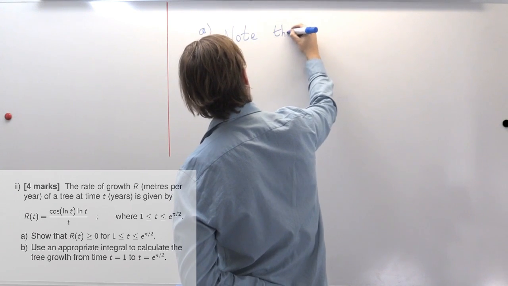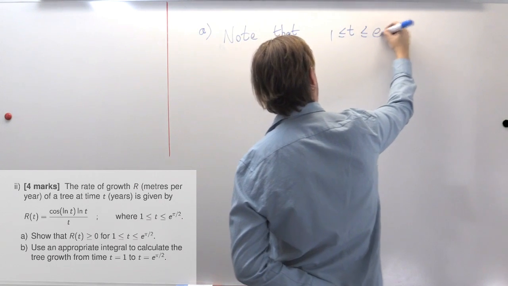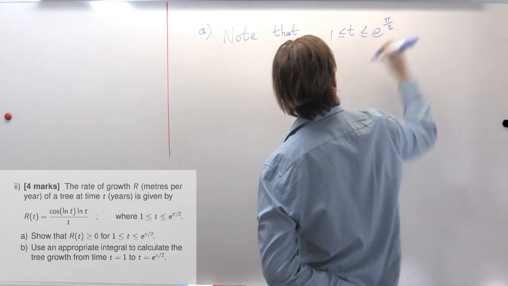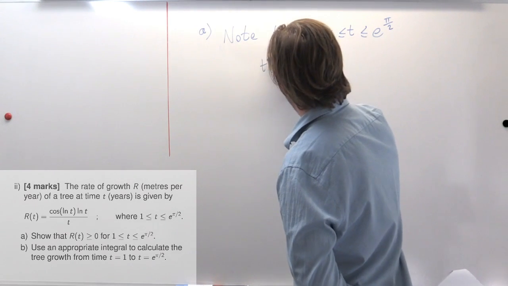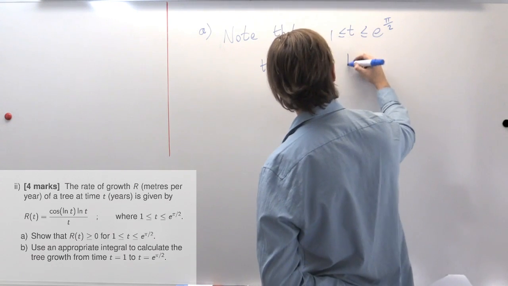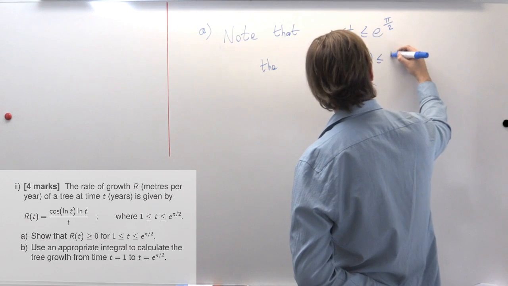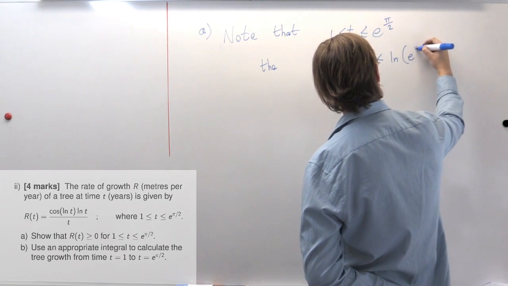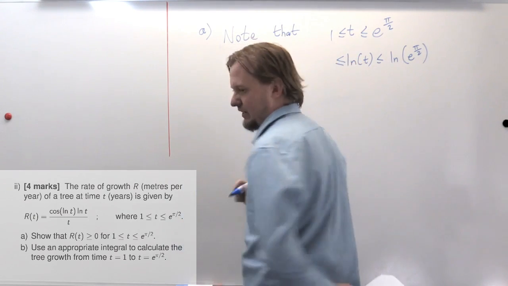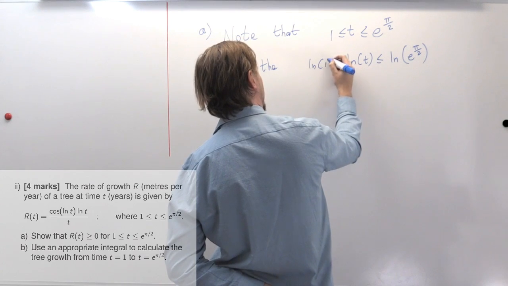Note that if t is between 1 and the exponential of pi over 2, then, well, the log is a very nice function. So if I take the log of t, it's going to be less than the log of e to the pi over 2, and it's going to be greater than the log of 1.